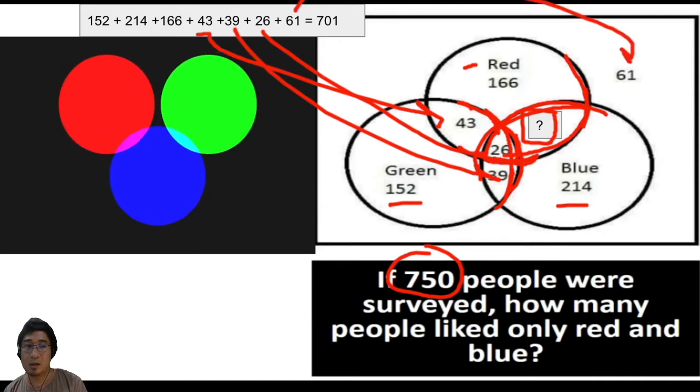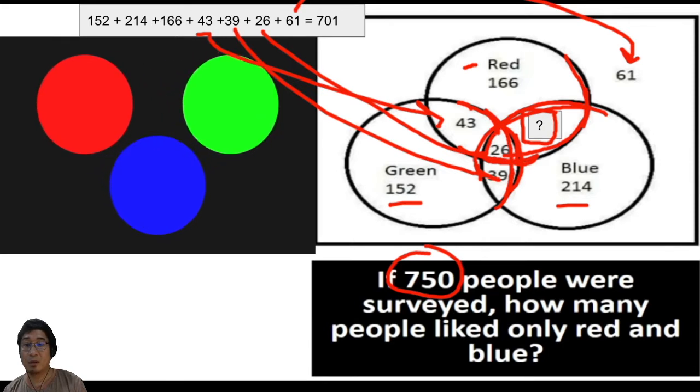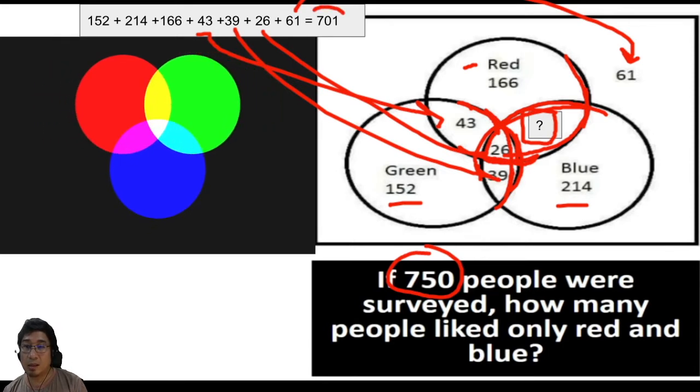This is a universal set. 61 dun sa who did not participate for the survey. Alright. Ang sagot na makukuha natin is 701.